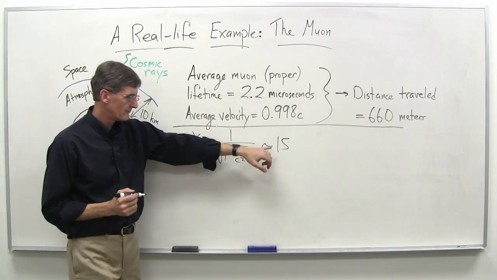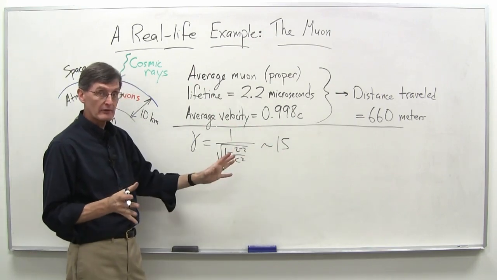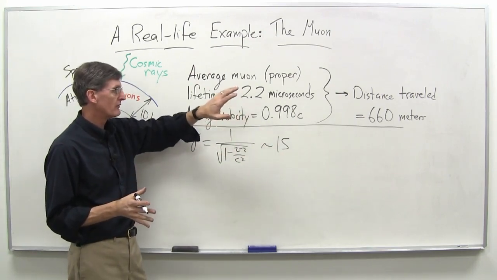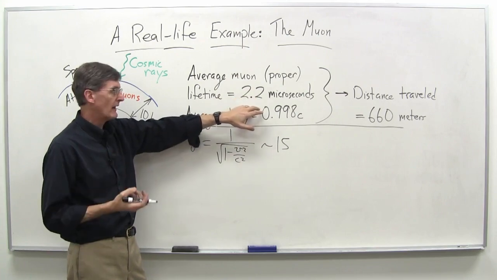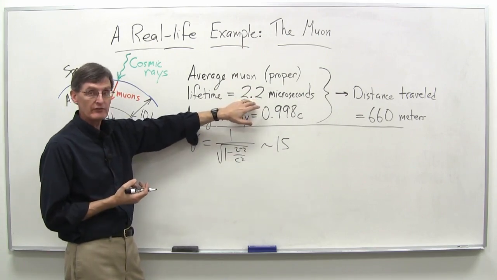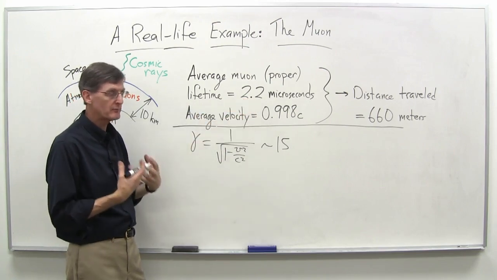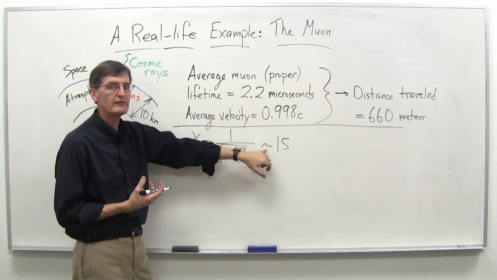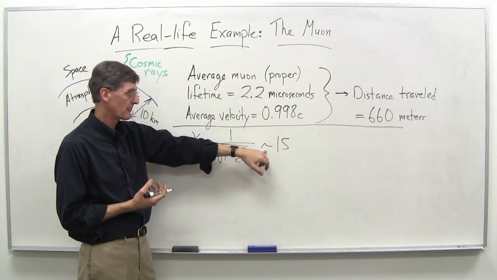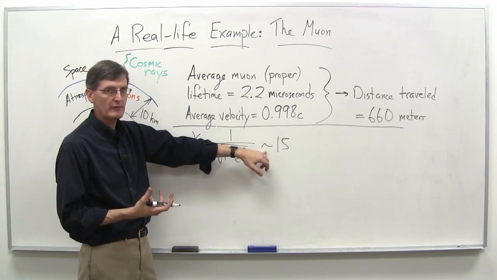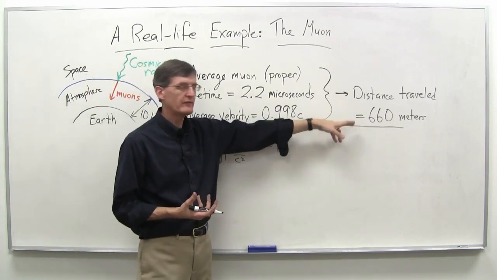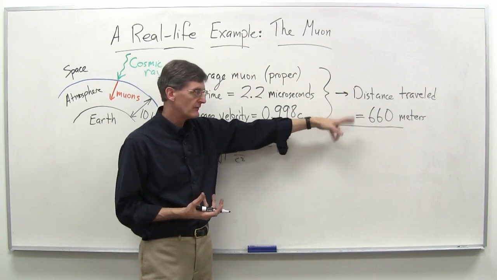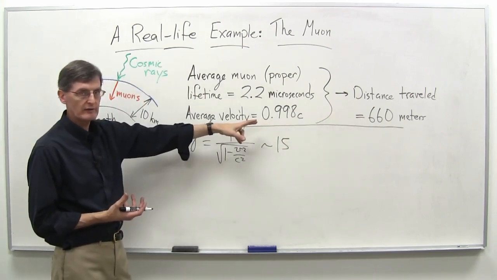So from our perspective, we will observe the muon's average lifetime increase because its clock will tick more slowly as we observe it. In fact, it will tick 15 times more slowly. And therefore, from our perspective, it will be able to travel 15 times longer than the calculation we showed right here.